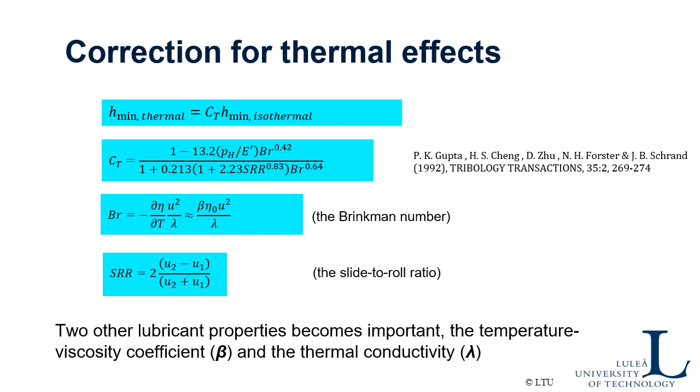The same goes for the slide to roll ratio. The slide to roll ratio tells you how much sliding you have, and the more sliding you have, the more heating you will have too. So in order to compute the CT, you need two additional lubricant parameters: the beta and the lambda for the thermal conductivity.